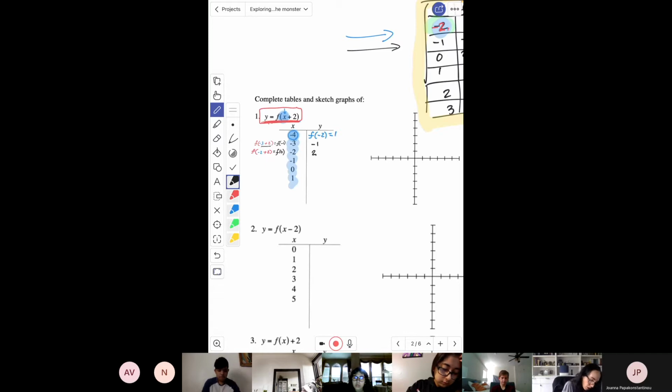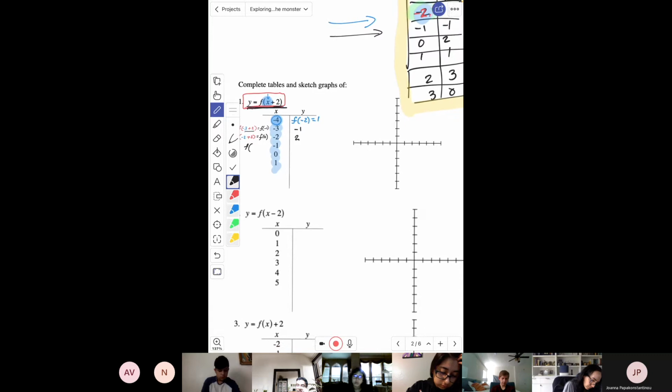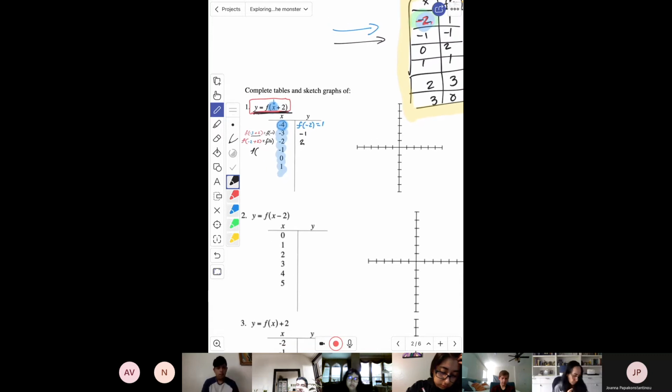Okay, let's keep going. If I'm evaluating this function for this x value, what am I really looking at in my original problem? F at what? -1 plus 2 is what? 1. And what is that output? 1. Excellent. Now let's keep going.